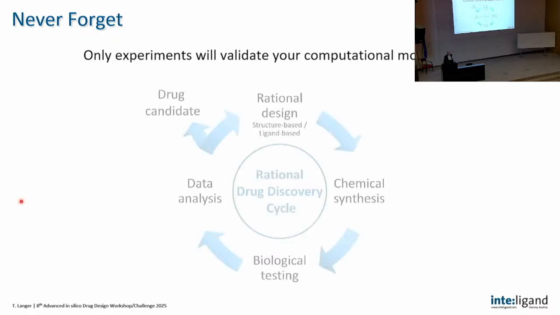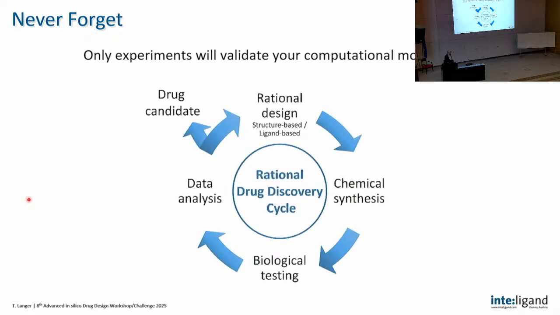And so we have this design, make, analyze, and test cycle here in rational drug design, where we try to develop methods in this area, the rational design, so that we can avoid wasting too much time and effort in making compounds that will not make it at the end.